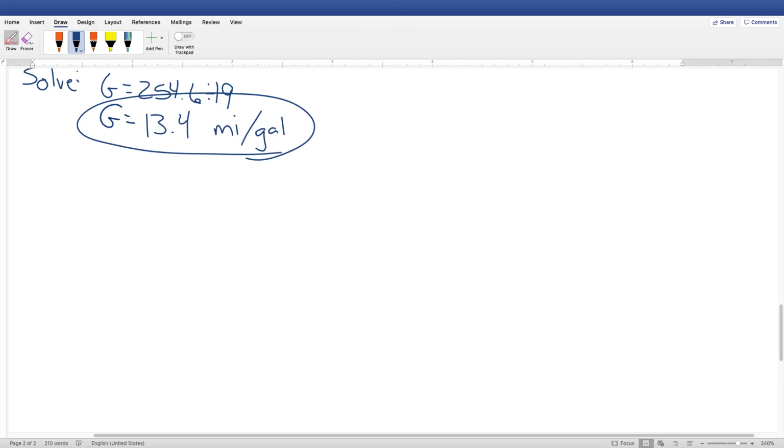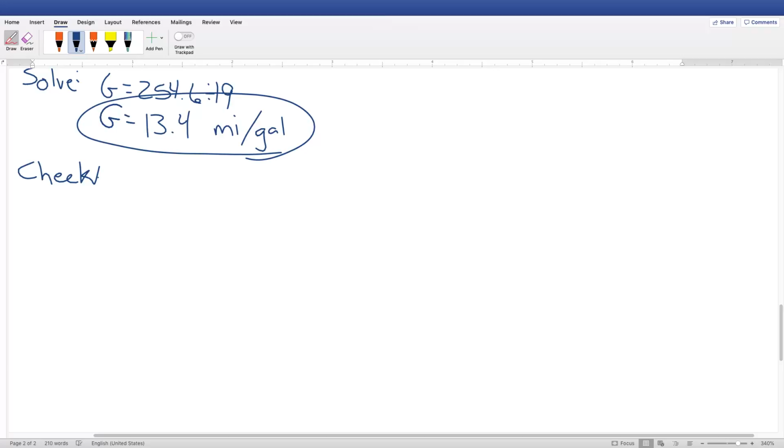Now we're almost done. What is my last step? Check. When I check on this one, what am I going to do? Multiply G by 19. That's one way to go about it. We could also use an estimation since they round it a little bit. Either way would work.